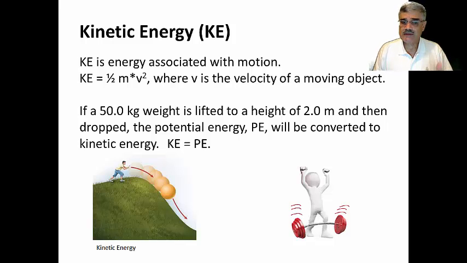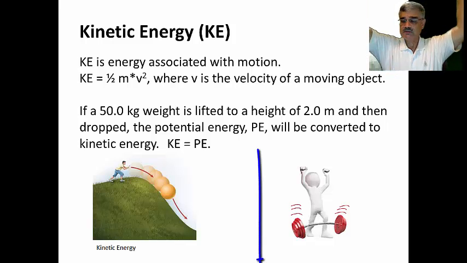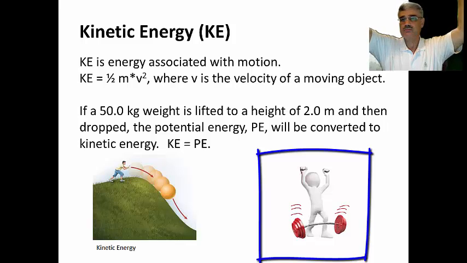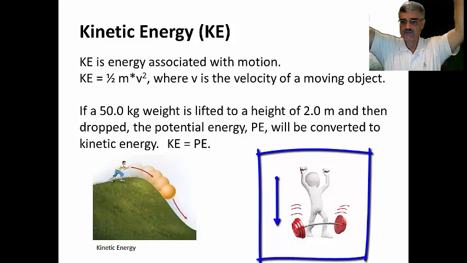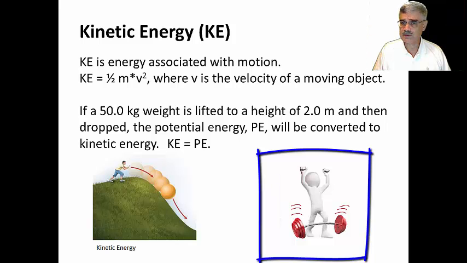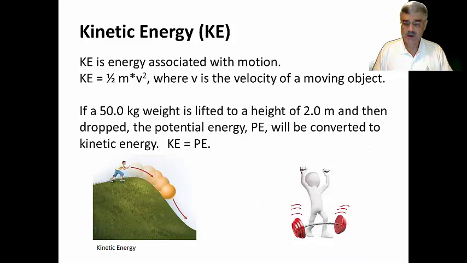So if you were to have a 50 kilogram weight that was lifted to the height of 2 meters, and then you dropped it, all of the potential energy of that elevated mass would be converted to kinetic energy as the weight falls to the ground, or in the case of the left, as the ball rolls down the hill.